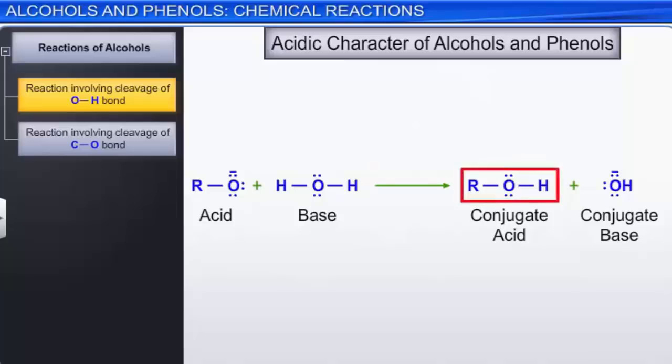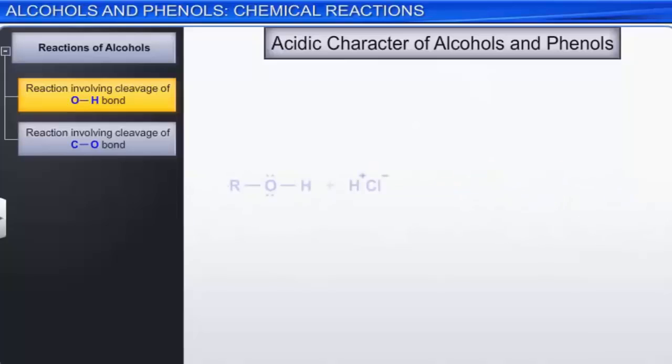Versatile alcohols can also act as Bronsted bases or proton acceptors. The reaction here shows an alcohol accepting a hydrogen ion or proton from HCl. Phenols are also acidic in nature.